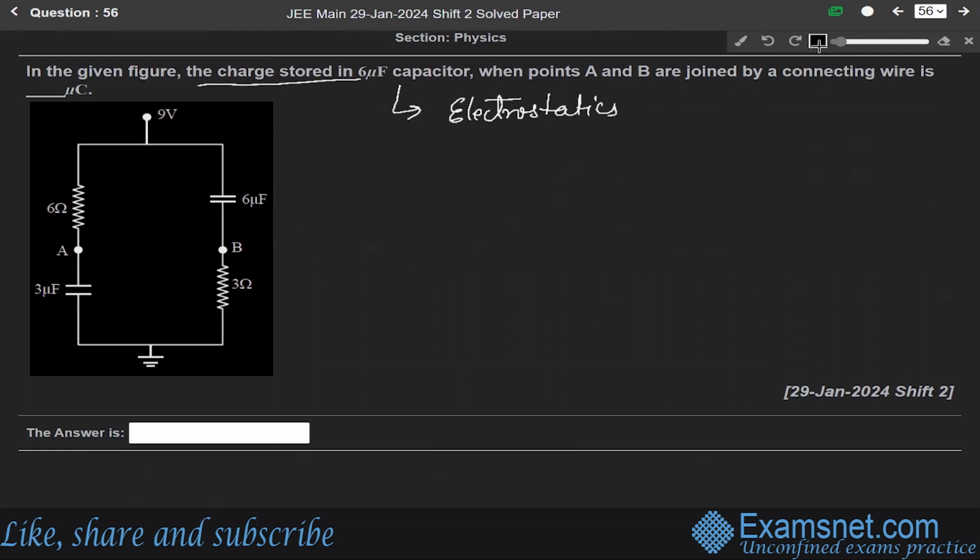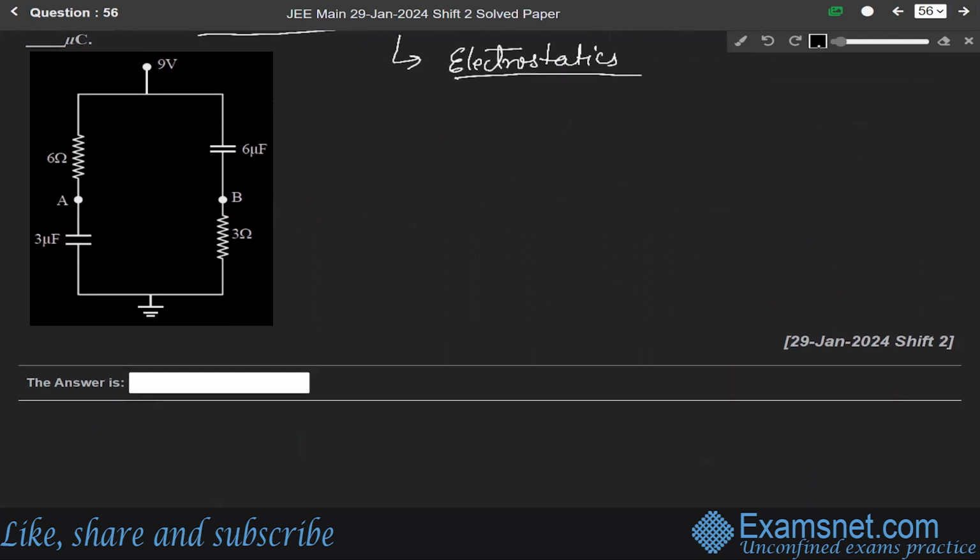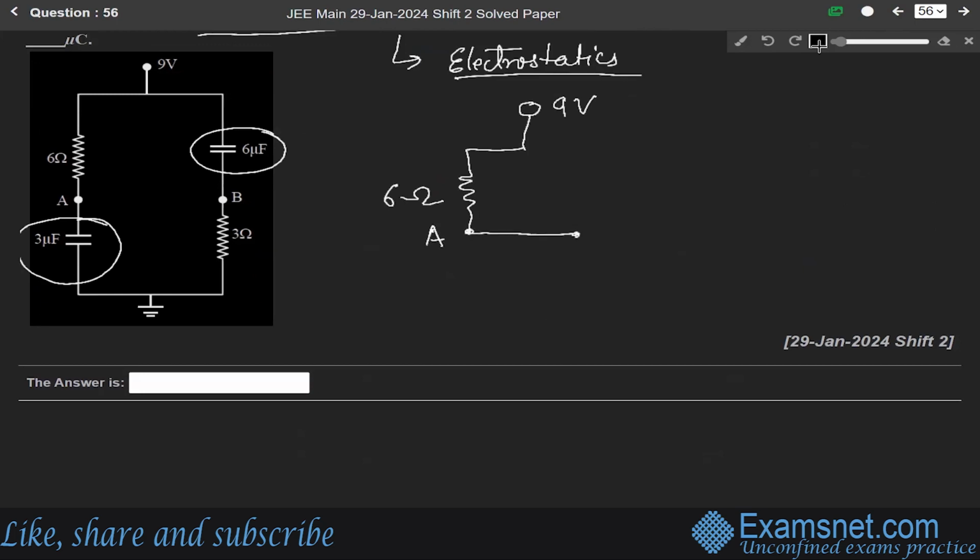So we know that in a steady state condition, we do not consider current flowing through the capacitor. So this circuit will look like, let us say this is 6 ohm and it is joining the point A to B in a steady state condition. And now this is a resistor having resistance 3 ohm and it is connected to a battery.